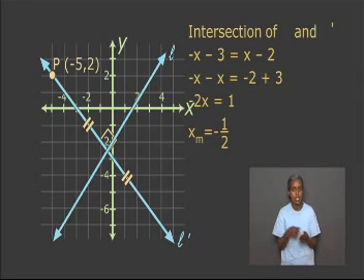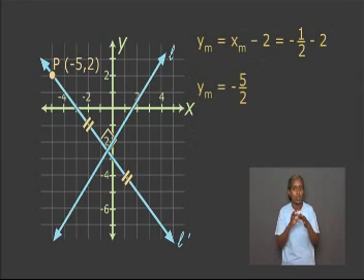Therefore, the x-coordinate of the intersection is -1/2. The y-coordinate is equal to the x-coordinate of the intersection minus 2. In other words, it is equal to -1/2 minus 2. Therefore, the y-coordinate is equal to -5/2.